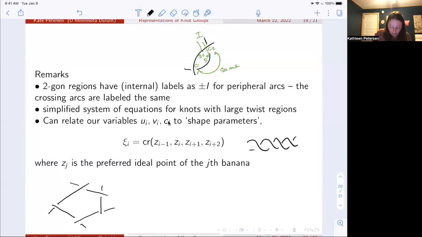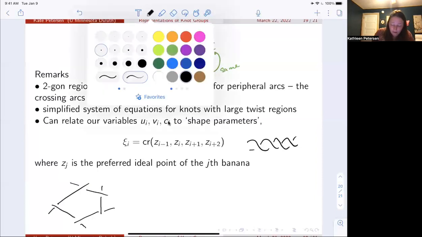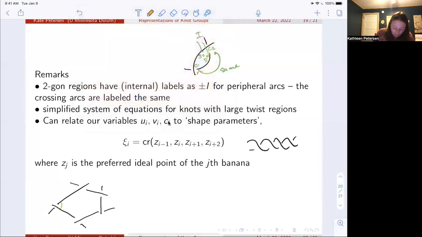Okay, so this is a pentagon. Then how do I go around this pentagon in my scheme? I have these little crossings, and I have these peripheral pieces. And how do they lift? This is a null homotopic loop.